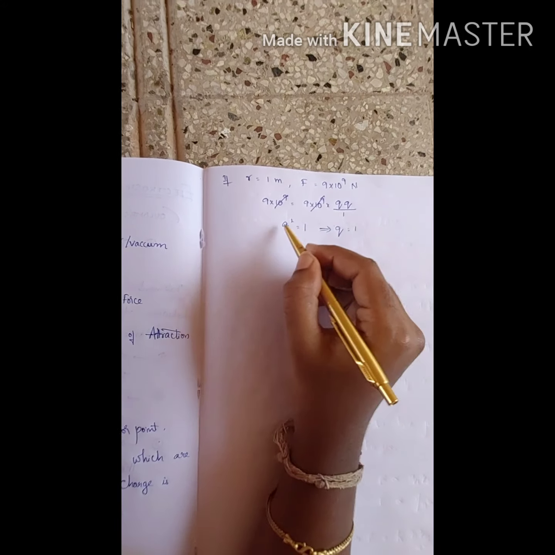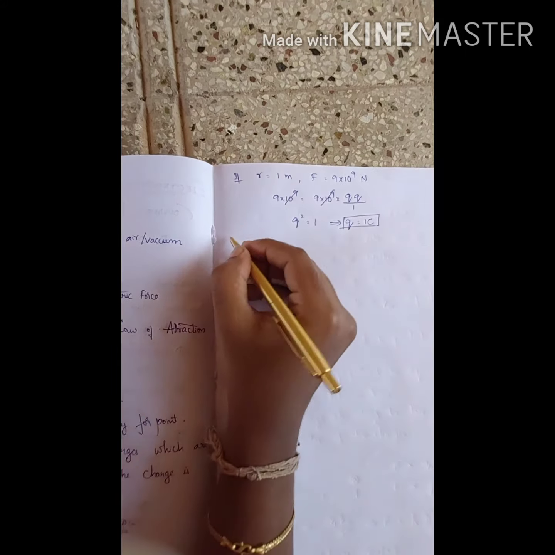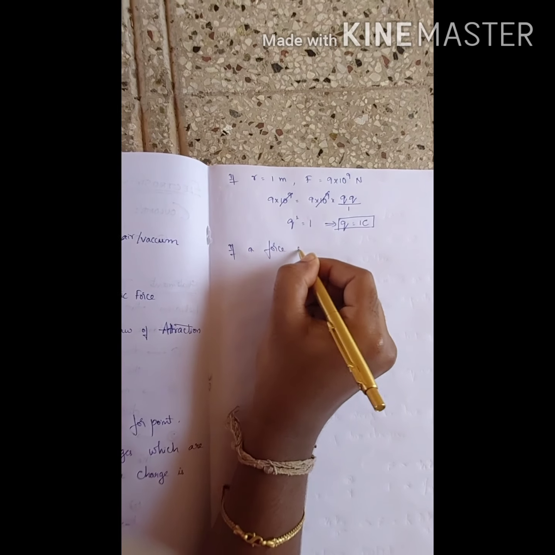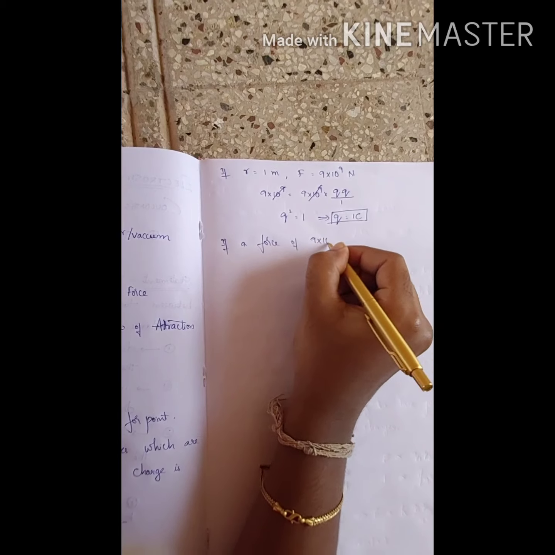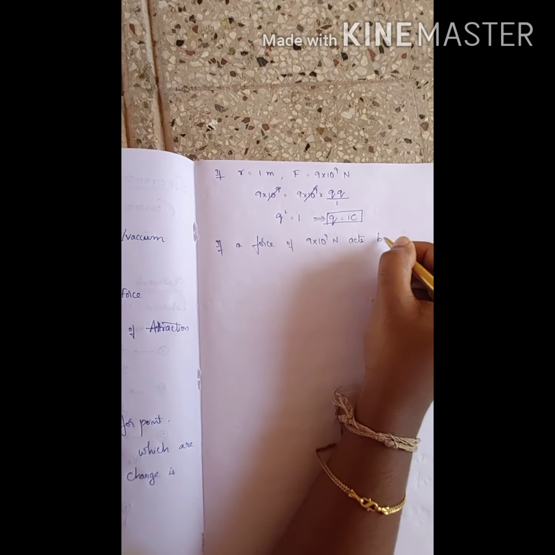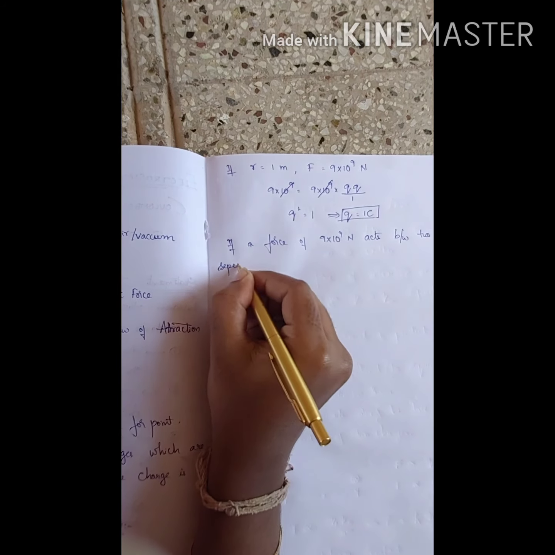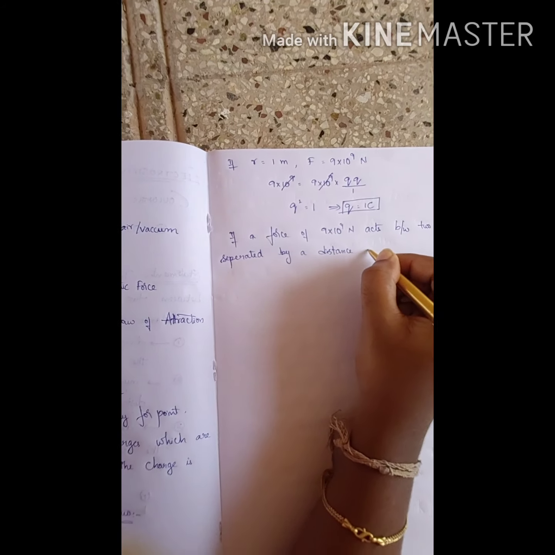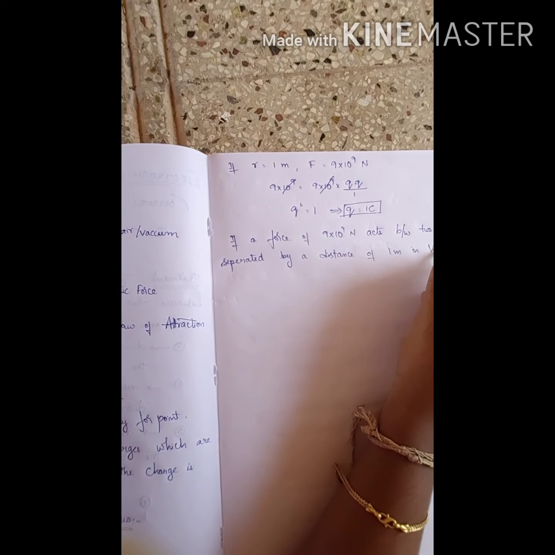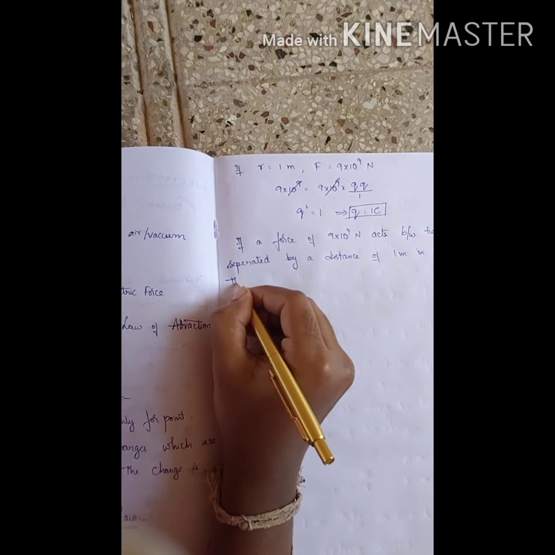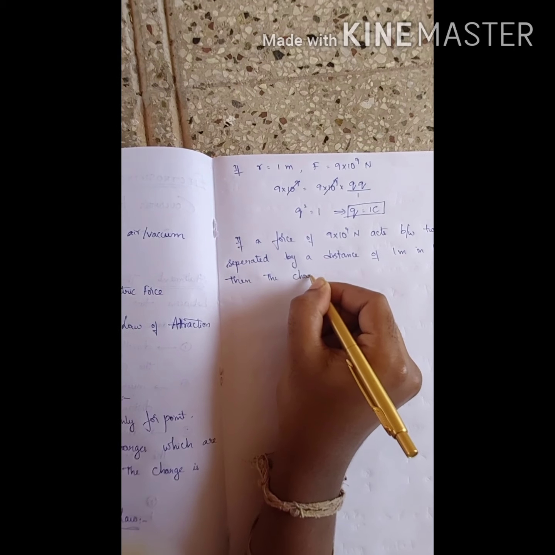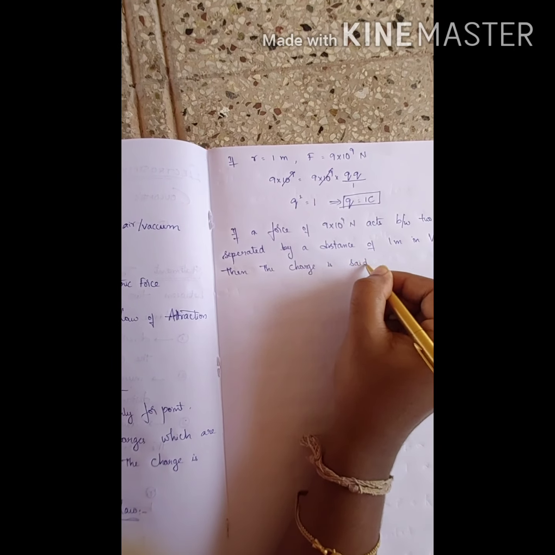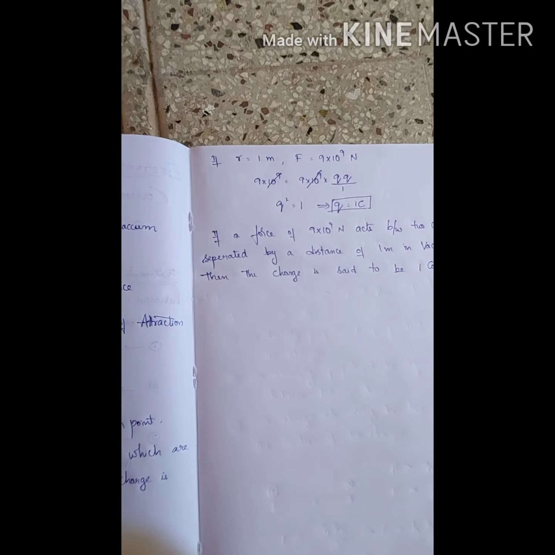Now Q is equals to 1 means unit will be Coulomb, which implies if a force of 9 into 10 power 9 Newton acts between two charges separated by a distance of 1 meter in vacuum, then the charge is said to be 1 Coulomb.